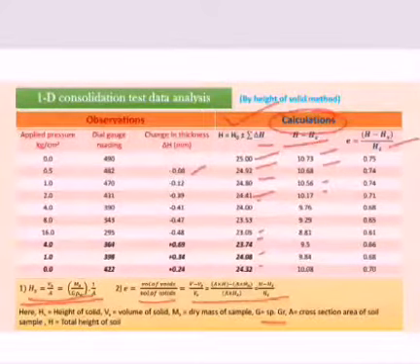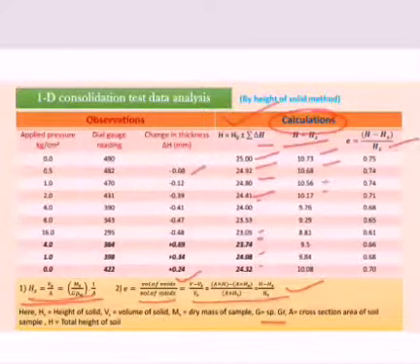Here V is the volume of the sample and Vs is the volume of the solid. We derive the volume of the sample from the cross section area and H. And here is the final formula: E equals H minus Hs divided by Hs.